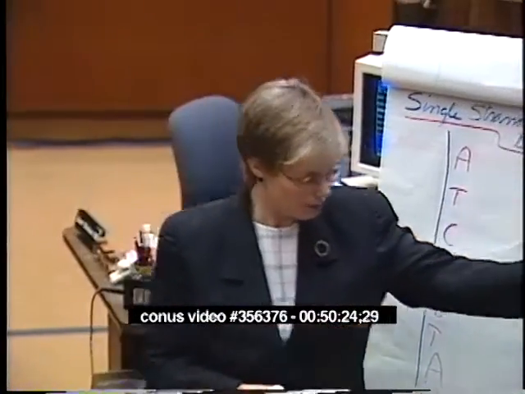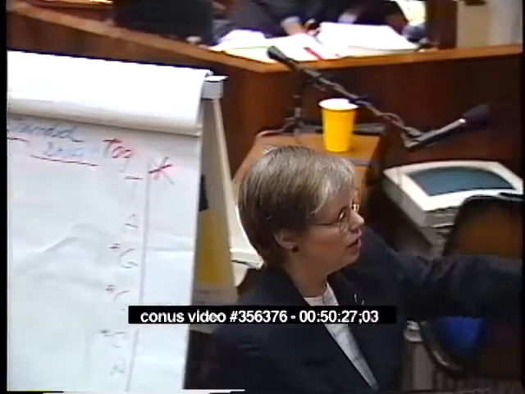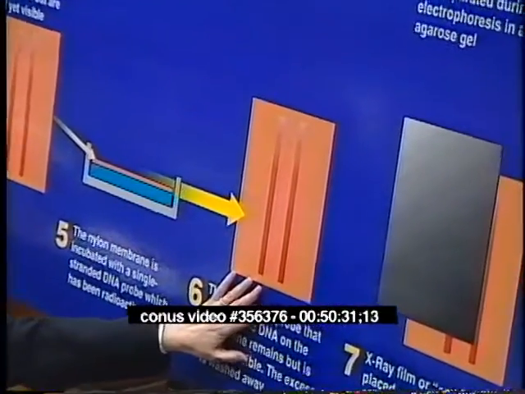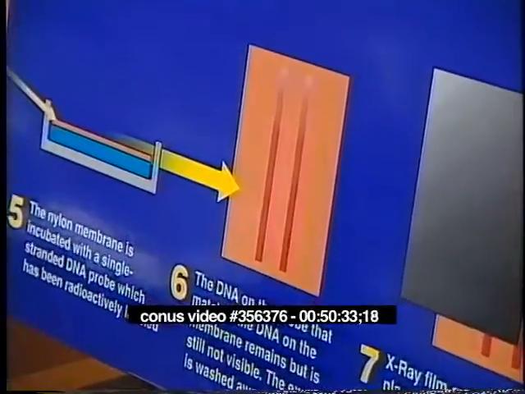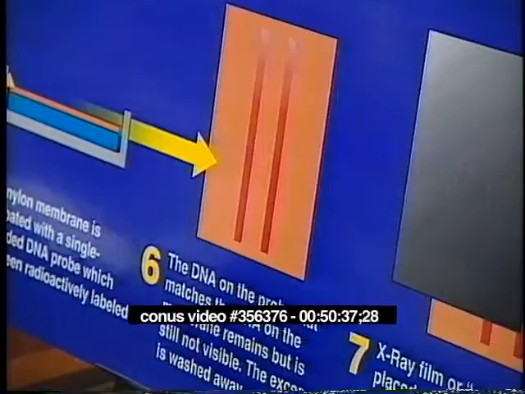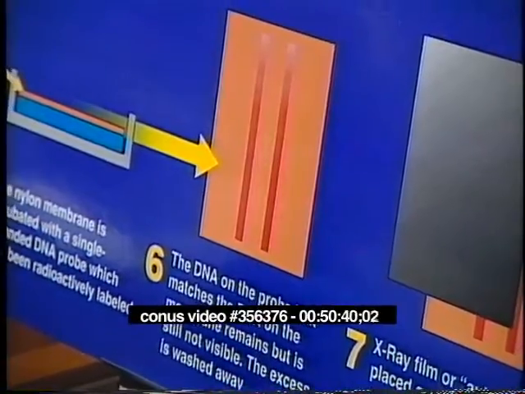But that's not accurate enough. So instead of a Geiger counter, here's our membrane that now has some probe bound to it. To detect where that probe has bound, you lay an X-ray film over the membrane. You do this in the dark.